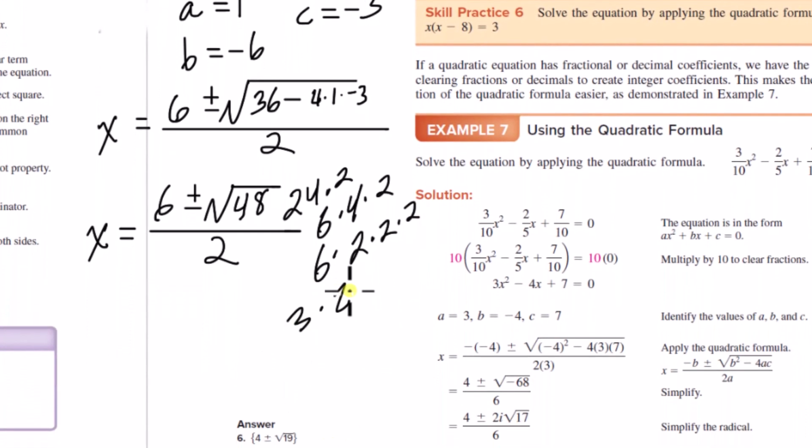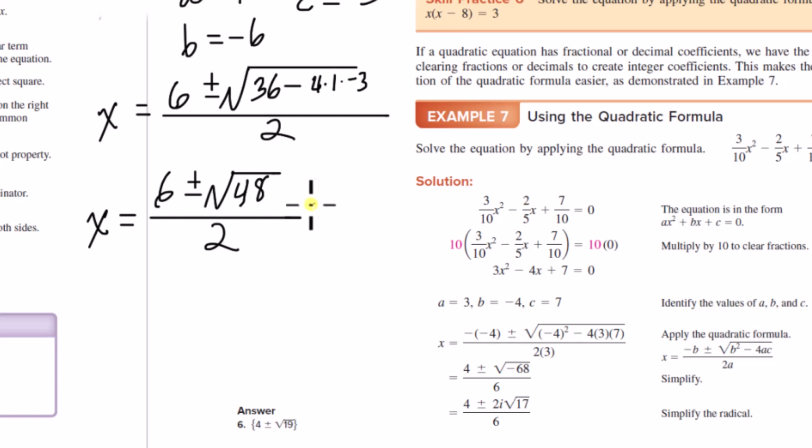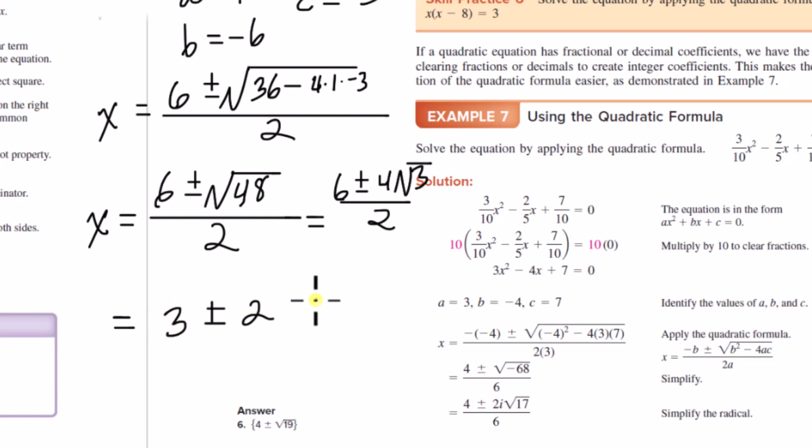So we have 3 times 2 to the 4th, so we can take out two 2's, which gives 4 root 3. So you've got 6 plus or minus 4 root 3 over 2, which is going to be 3 plus or minus 2 root 3. And there you go.